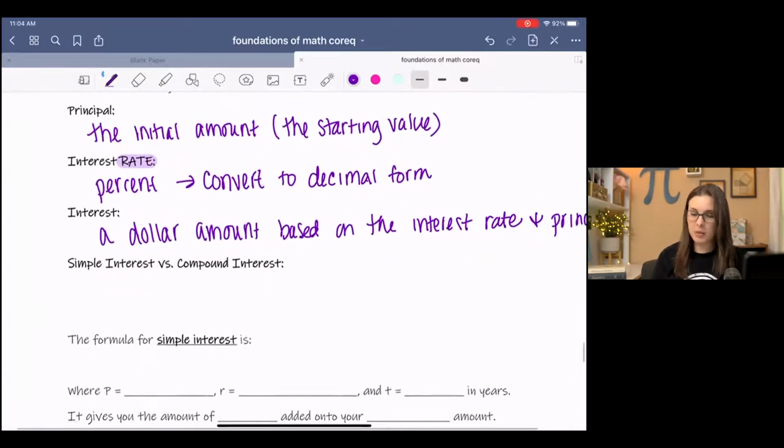And then simple interest versus compounding interest. We're actually not going to explore compounding interest in this lesson. I just want to introduce you to the difference. Simple interest is more simple. It's an interest amount added each year. Whereas compounding means it's being added over and over again.